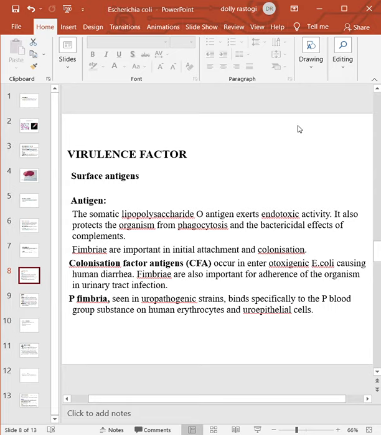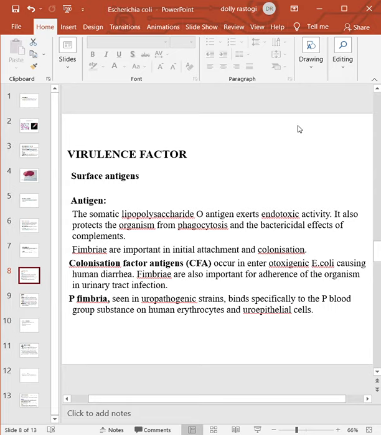Now coming to the virulence factors, it includes the surface antigens. The somatic lipopolysaccharide O antigen shows endotoxic activity. This is responsible for protecting the organism from phagocytosis and also the bactericidal effects of complements.